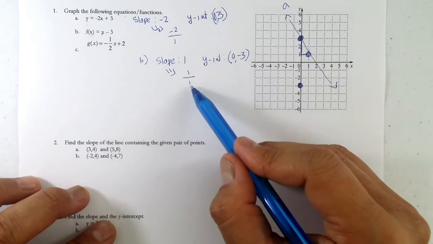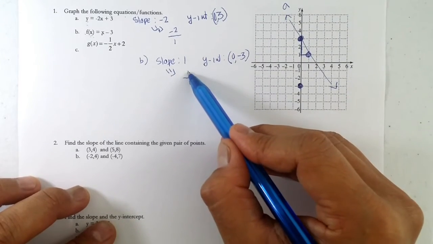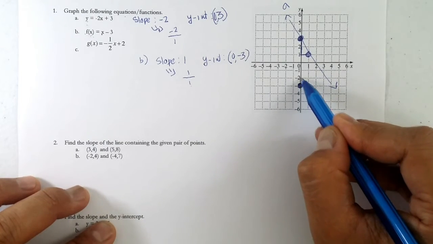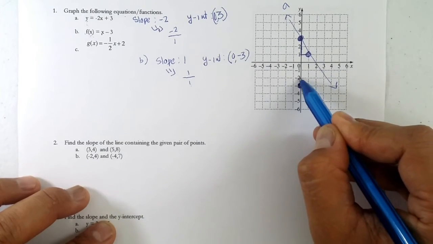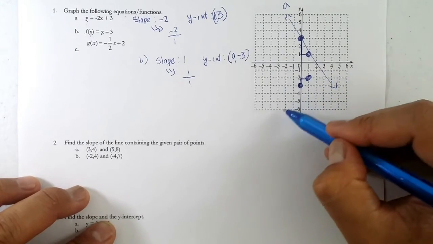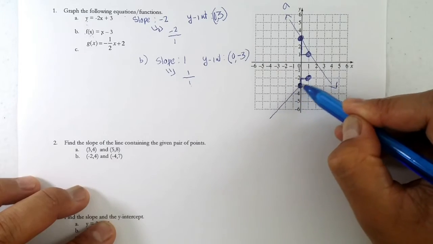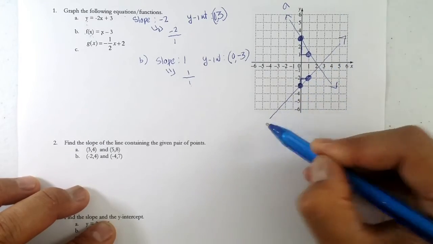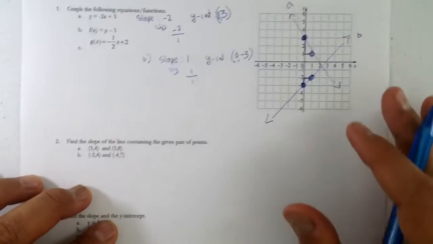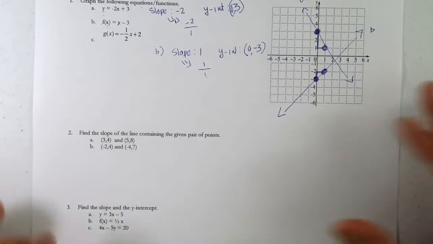The slope is 1/1, rise, and then go over. So from here, we're going to rise 1 unit, and then we're going to go over 1 unit. That brings us to a second point. Connect the 2 points with a straight line, and you have successfully graphed your first function, which is the same as an equation.